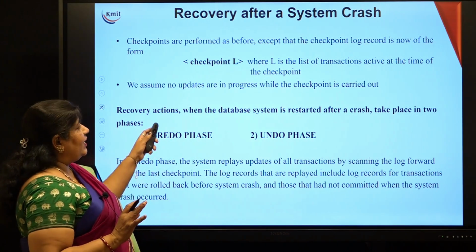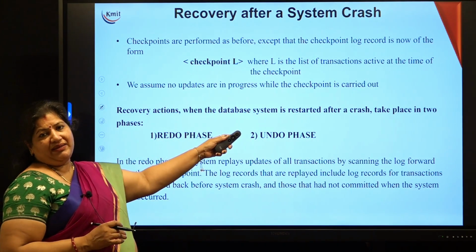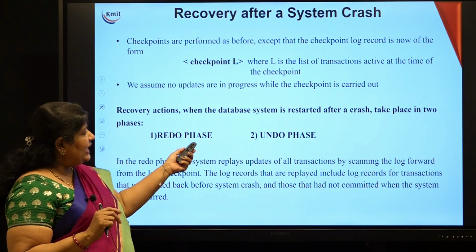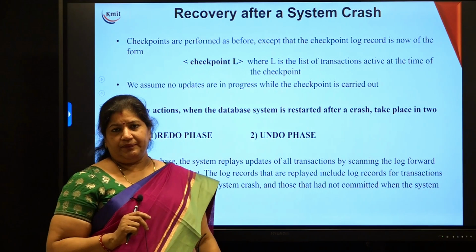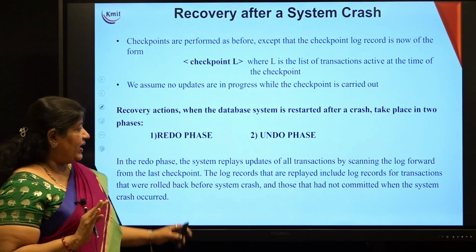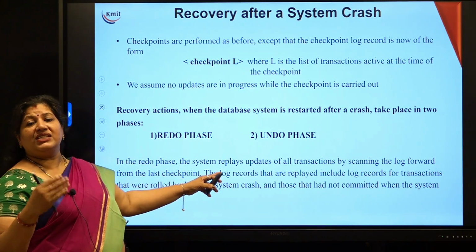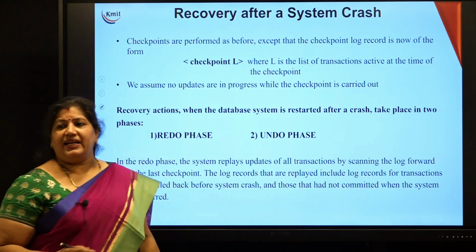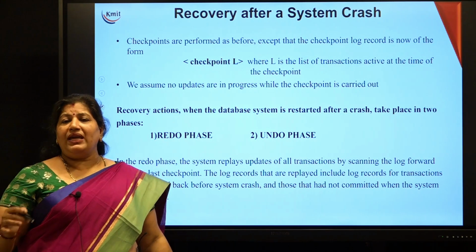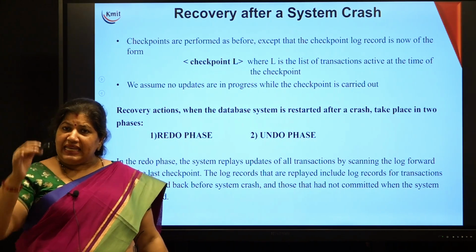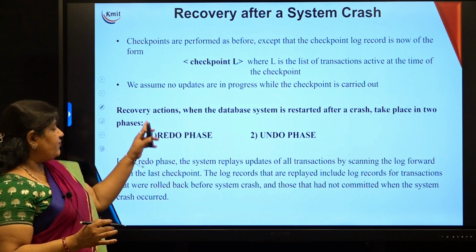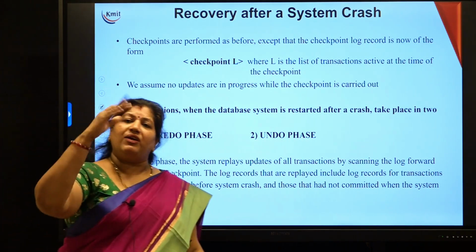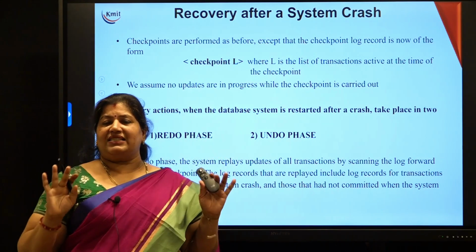Now coming to the recovery action, once the DBMS has restarted after a crash, there are two phases, the redo phase and the undo phase. In the redo phase, all the actions are replayed and updates of all the transactions are done by scanning the log in a forward direction after the last checkpoint. We said up to the checkpoint the system was in a consistent state.